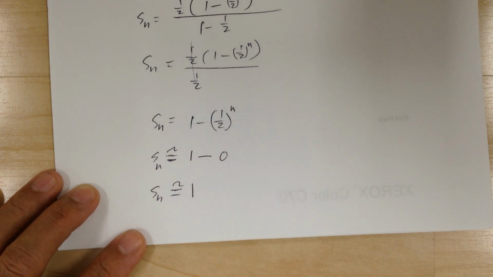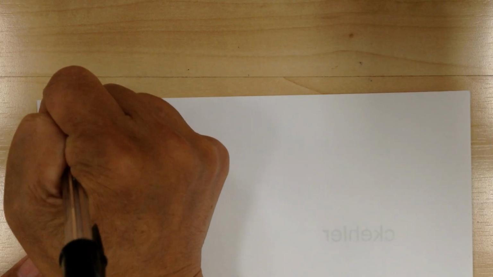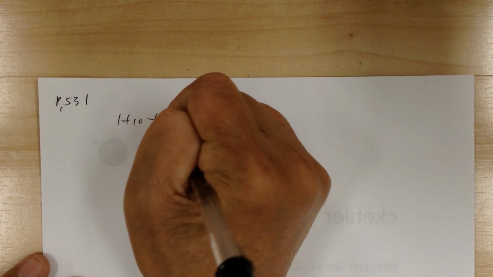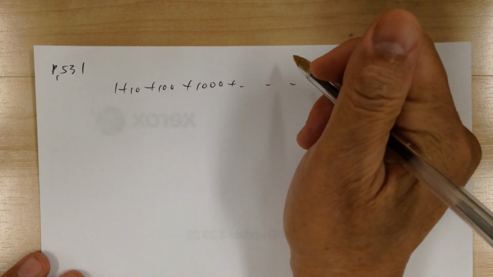Now, not all infinite geometric series have a sum. If you look at the bottom of page 531, you have 1 plus 10 plus 100 plus 1000 plus dot dot dot. This one has no sum.